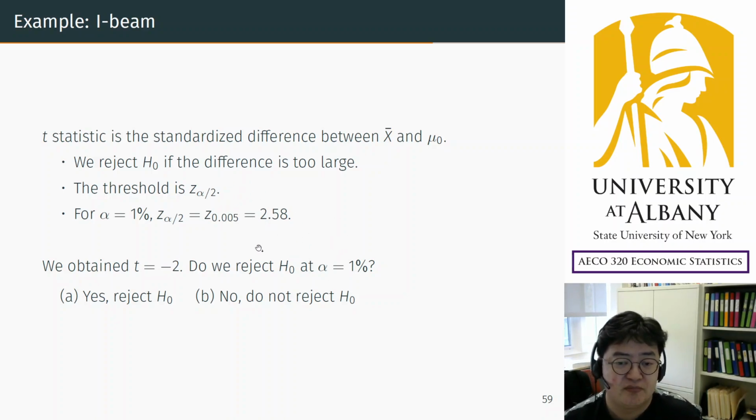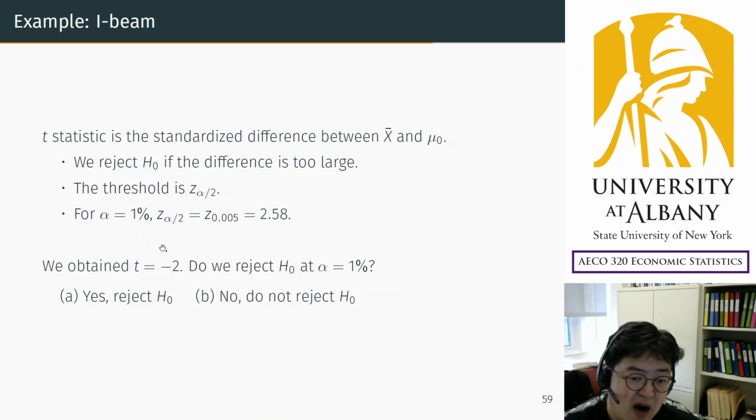And then, think about this. We obtain a t-stat of -2, and our threshold is 2.58. Then do you reject or not? In our example, given the example data, can you reject the null or not? Our threshold is 2.58. This means if the standardized difference is greater than plus or minus 2.58, you are going to reject.